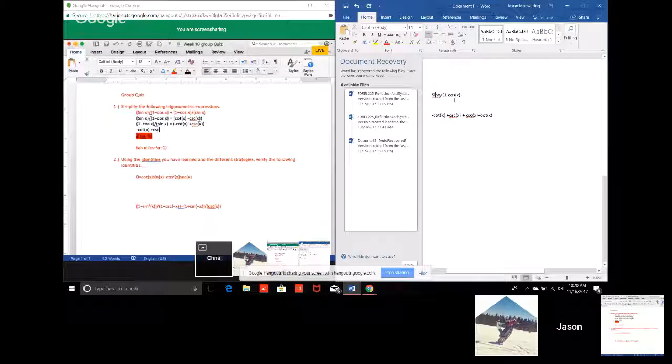Because in order to get sine x over that, negative cotangent x would equal sine x over 1, and then in order to get a negative cosine, you'd have to get cosecant.